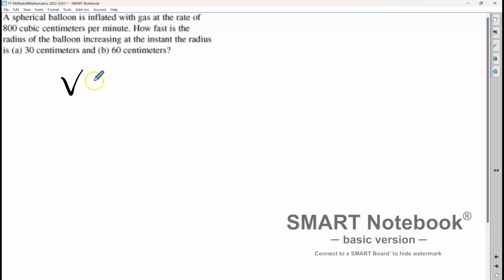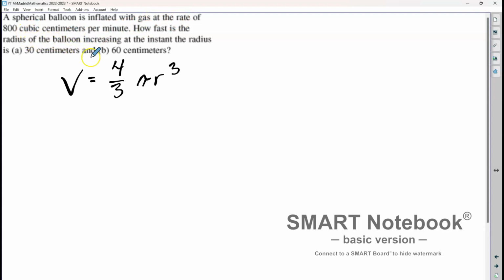So the volume of a sphere is essentially what? 4/3 pi r cubed. This is a quick search, not that everybody has it on top of their heads, but you can do a quick search, okay? All right, and what else comes to mind is this rate that they're describing here.